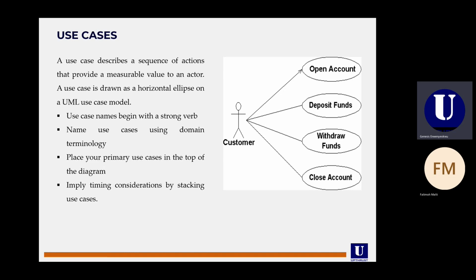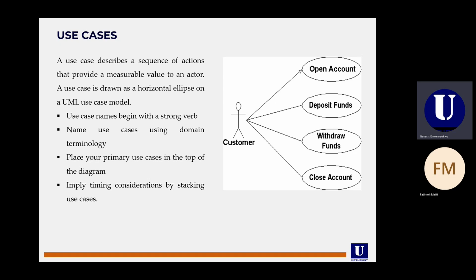Also, when drawing your use cases, it's best practice for you to place your primary use cases at the top of the diagram, in the sense that it helps us to understand the first things that customers will do that will start delivering them immediate value.